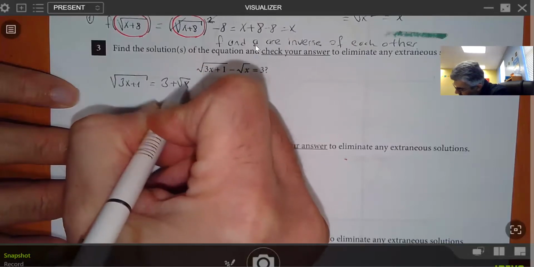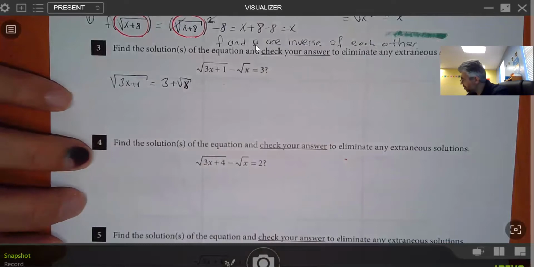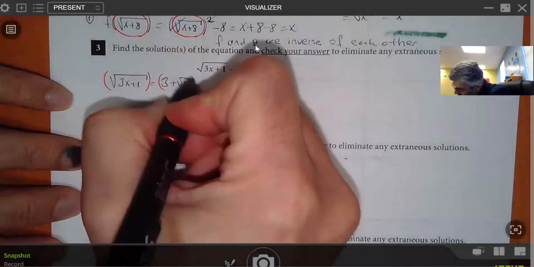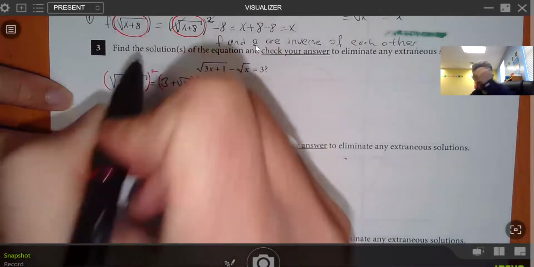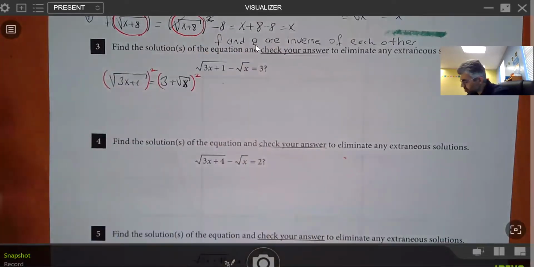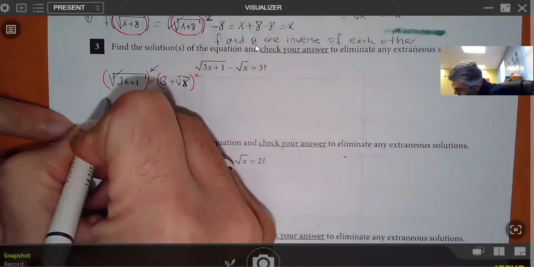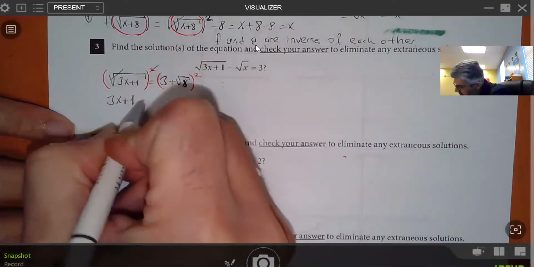To get rid of square root, we take square of both sides. Here square and square root cancel out each other. We have 3x plus 1 on the left hand side.